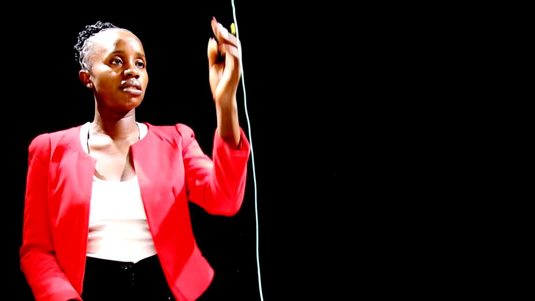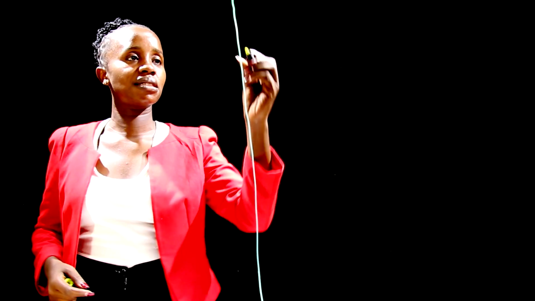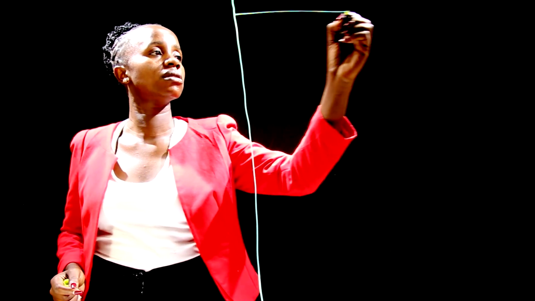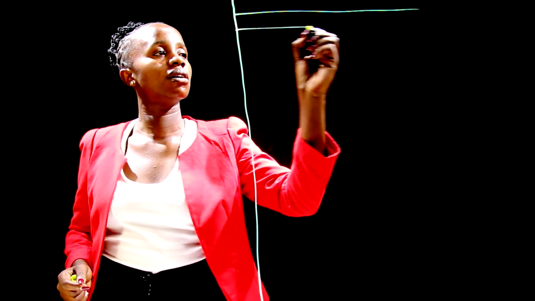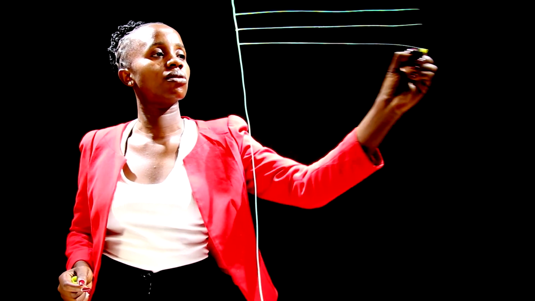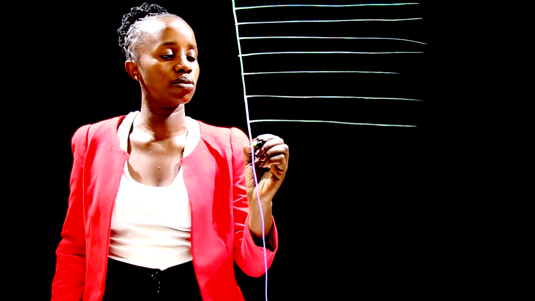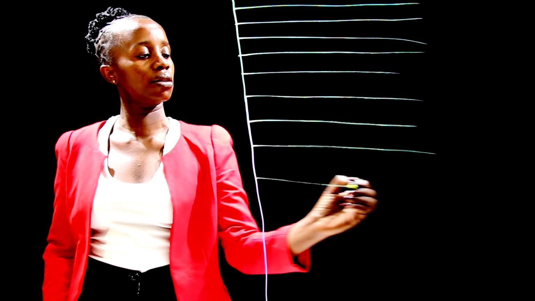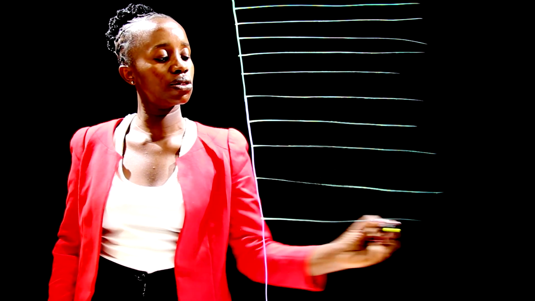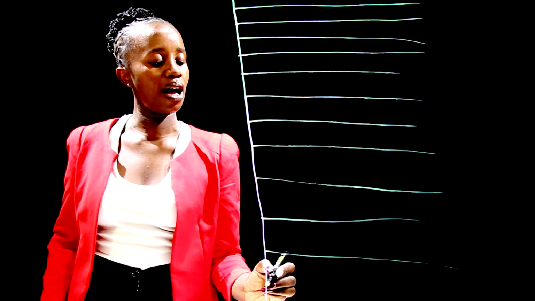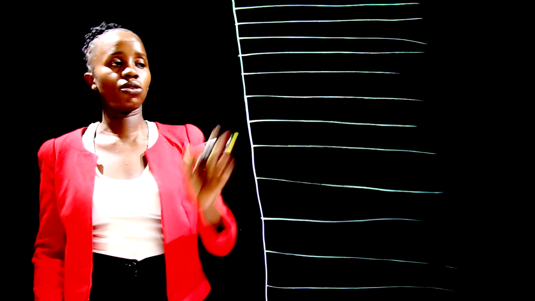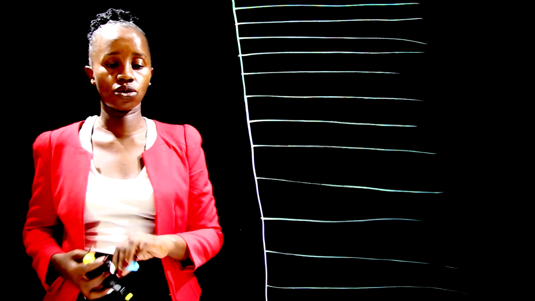So this is the margin, and inside it we have ruled lines that go all the way down, continuous, down up to the last one. So assume that this is your paper and you want to write your address.